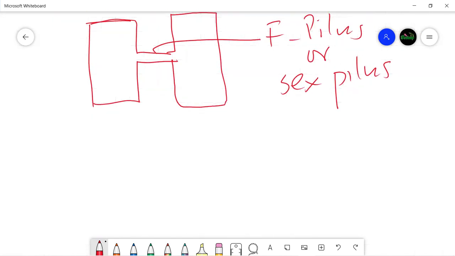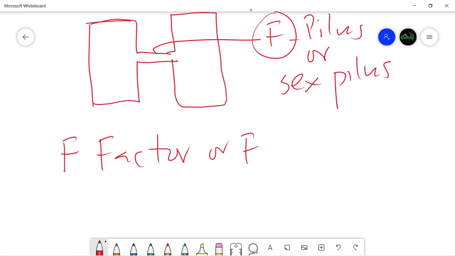This F pilus or sex pilus can be made, or synthesized, or constructed, whatever you call it, by the bacteria which contain the F factor or fertility factor. So that's why it is known as F pilus, F factor or fertility factor.